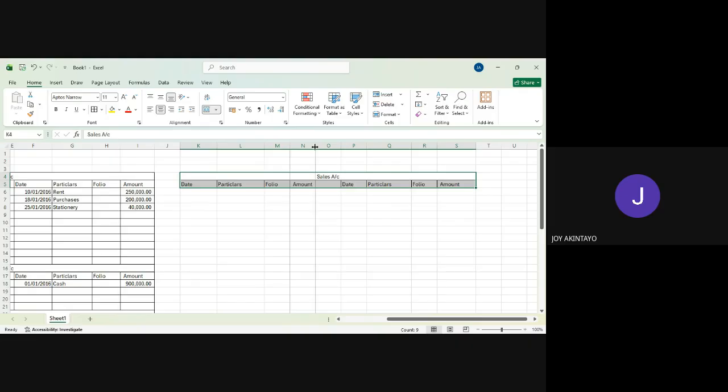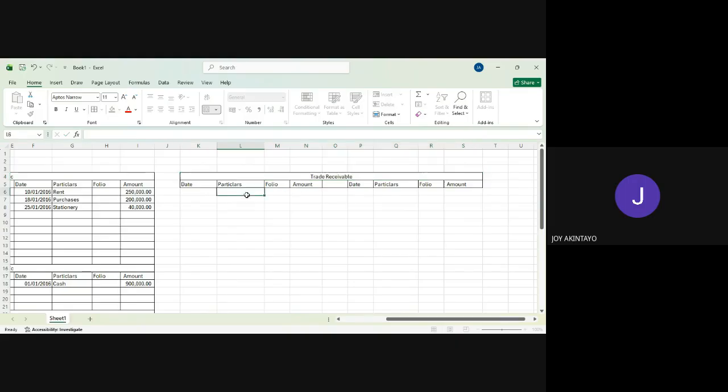Debit it. We now say, we either say trade receivable, so we now put it here for one.